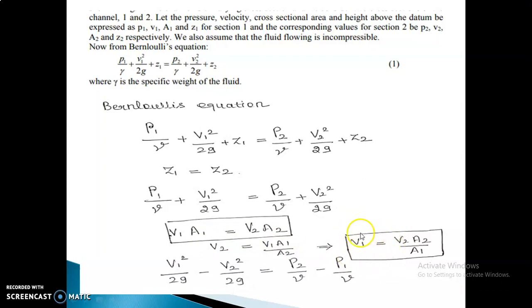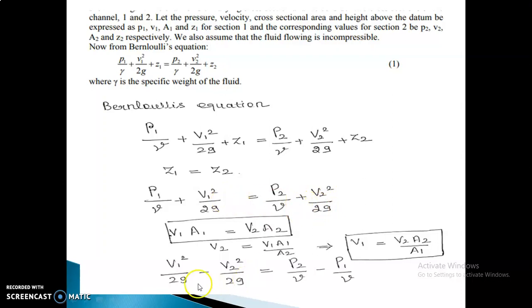If I substitute this V1 value, I can get the expression in terms of area. Before getting into that, I am just going to substitute it into P1 by gamma plus V1 squared by 2g equals P2 by gamma plus V2 squared by 2g.